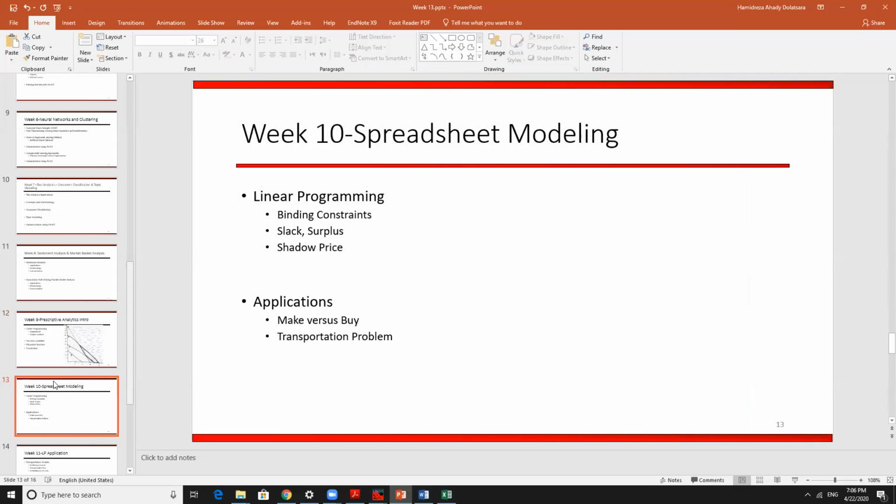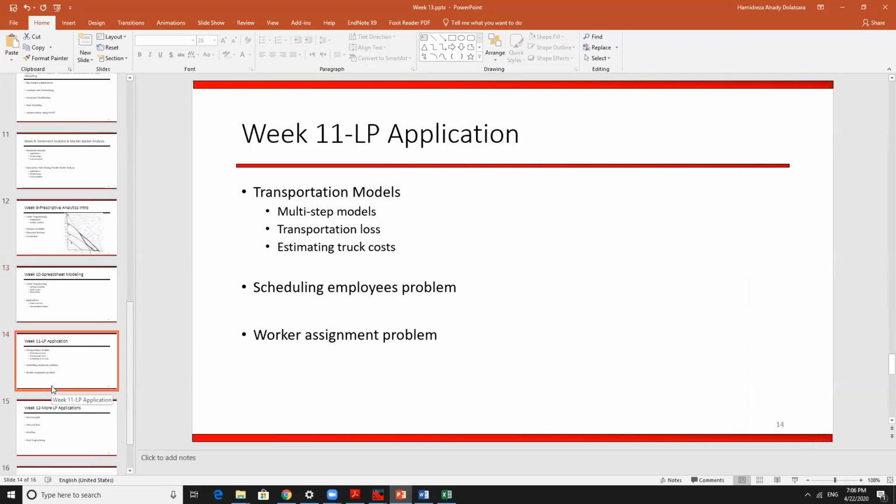In week 10, we looked at some applications of linear programming and some sensitivity analysis. For example, what is a binding constraint? What is slack? What is surplus? What does shadow price mean? And we had 2 applications in make versus buy and the transportation problem.